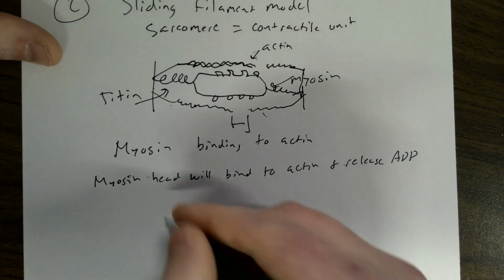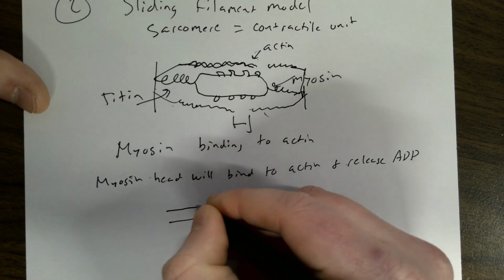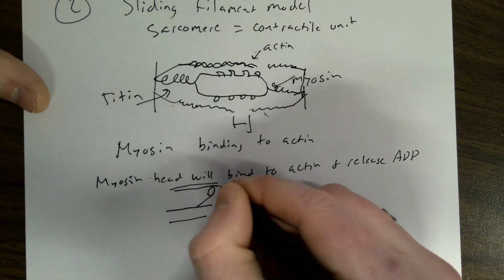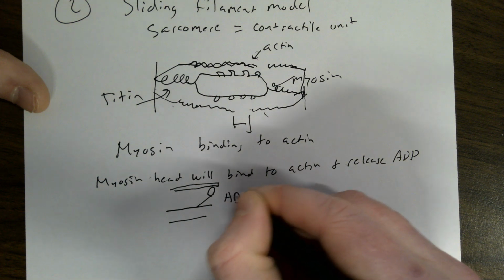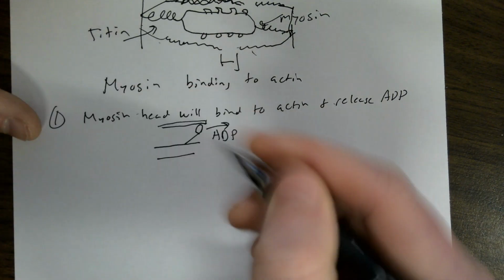When it's doing that, it looks like this. The myosin head is fully extended, and it's binding to the actin, and so you're releasing ADP. So the ADP is coming out. Now, that's step 1.